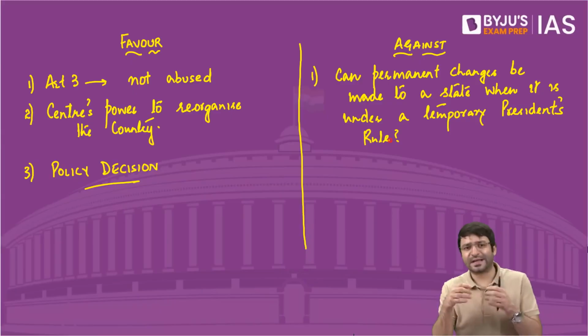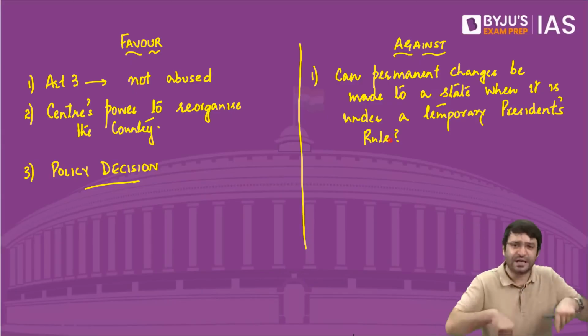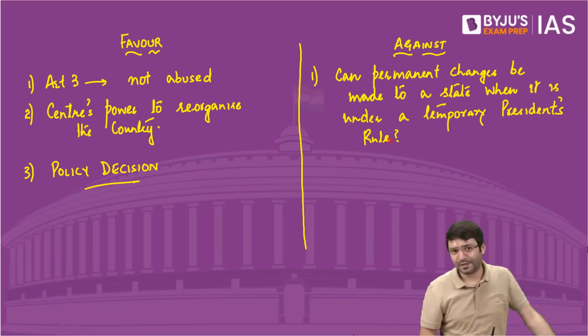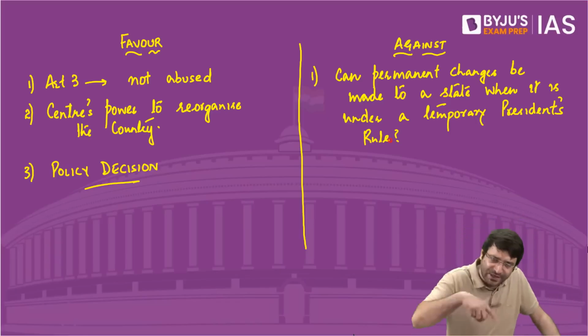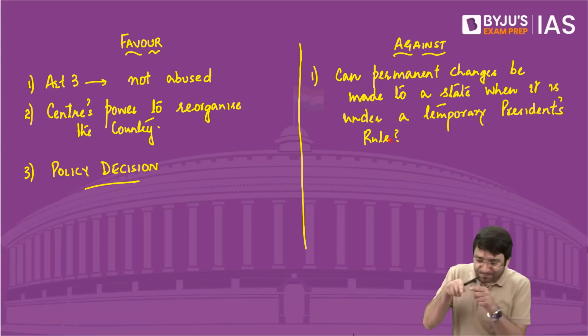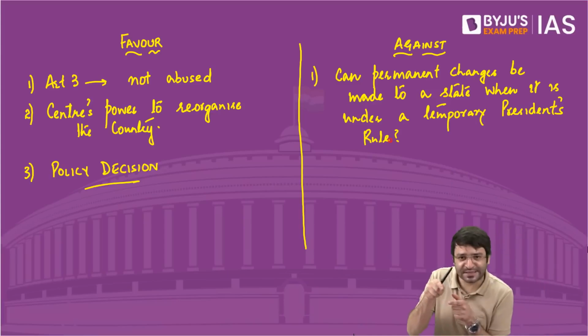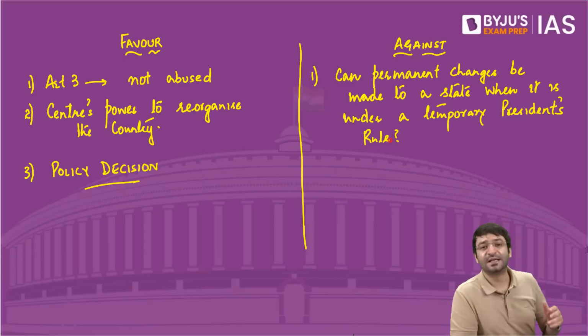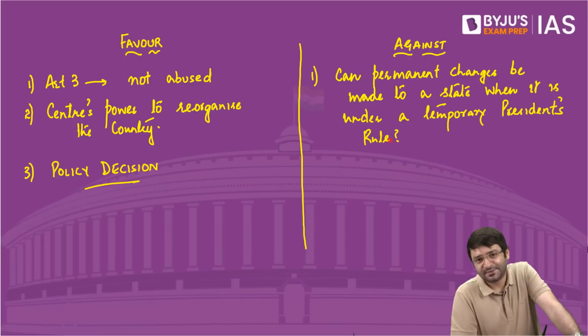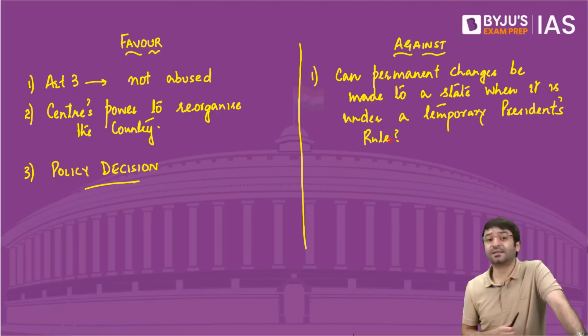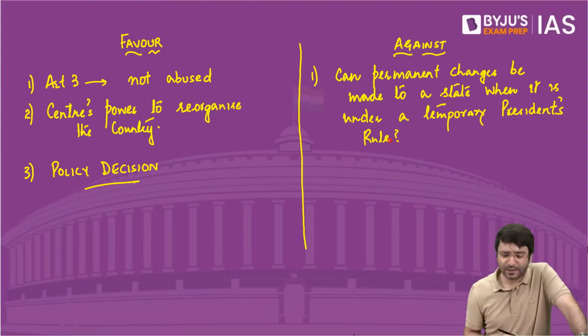Here you need to understand president's rule by its very nature is temporary. So if president's rule by its very nature is temporary, can permanent changes be made to a state when it is under a temporary president's rule? Permanent changes in the sense, now there is no state, it's a union territory. Can it happen? That is why some people say this is concerning. This should not have happened.